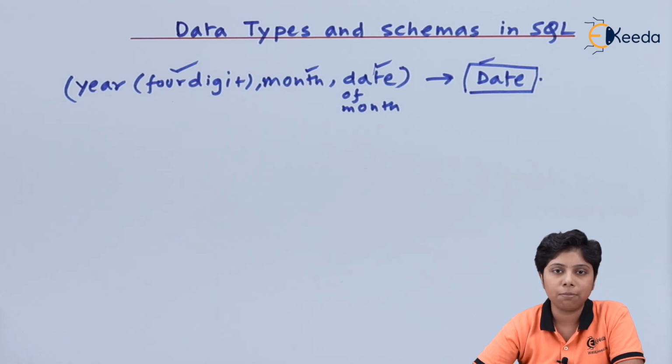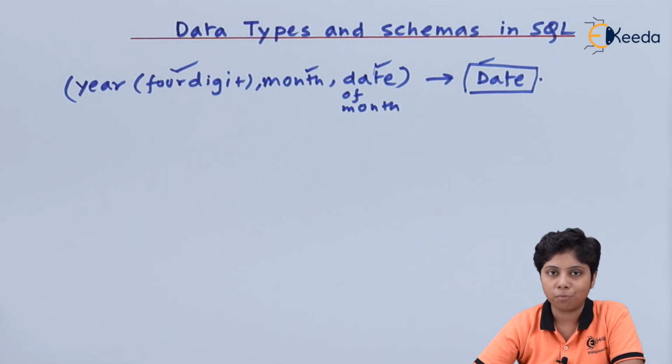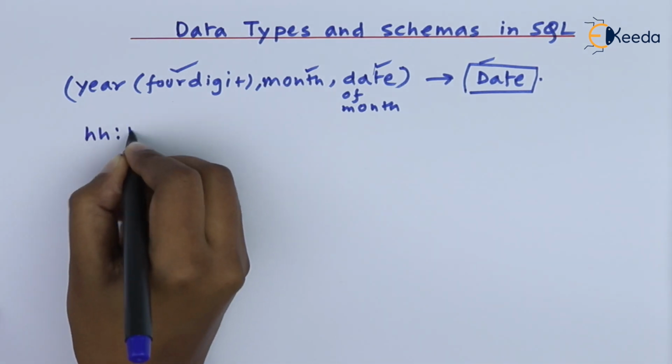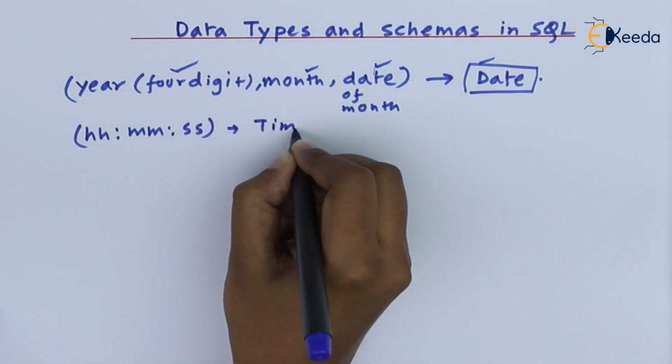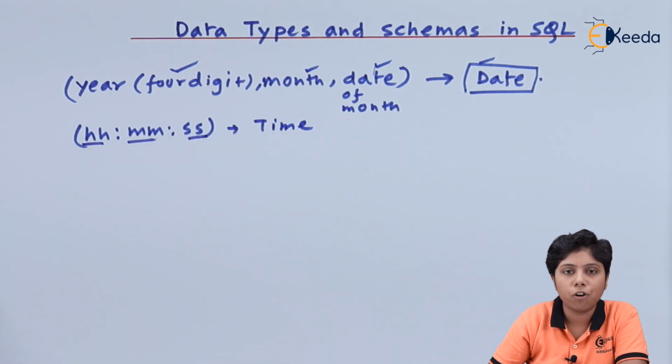Next comes the time data type. Time gives us the time of that particular date, or the current time of the system we are using. Time also has a predefined format, and it looks like the hour, minute, and second format.